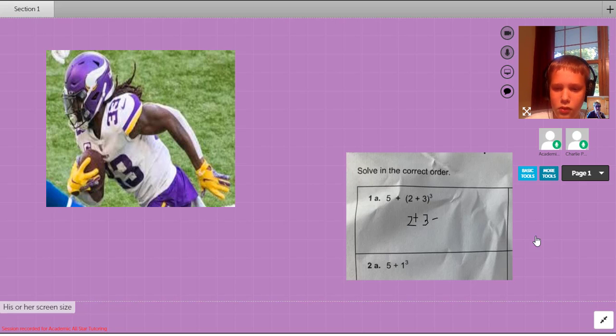That equals 5. Okay, so it's good. You're doing the stuff in the parentheses first. And then you'd bring down that 5, so it'd be 5 plus 5 to the third power, and then the 5 to the third power would be 15.